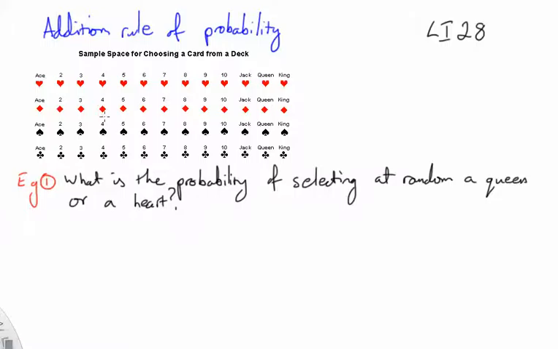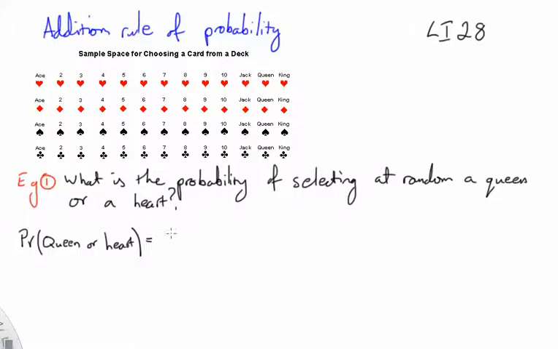So I'm going to do this question in a couple of ways. The first way I'm going to do it is kind of the first way you would have learned. So we write PR and we write the event. So the event is getting a queen or a heart.